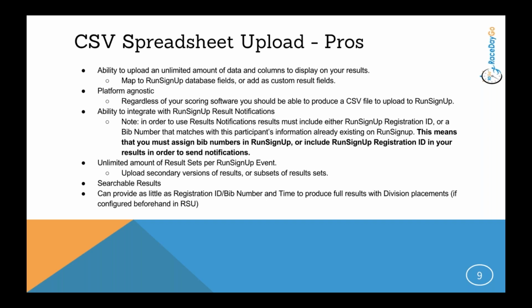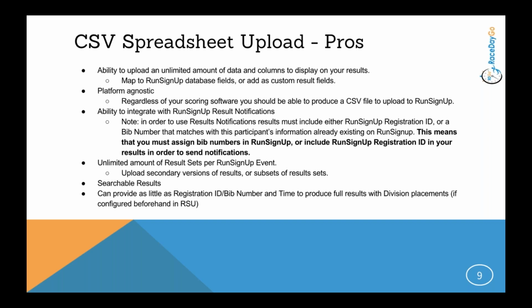So this means that you must either assign bib numbers in RunSignUp and include those bib numbers in the results sheets you're uploading, or include the RunSignUp registration ID in your results that you're uploading in order to send out notifications. That's very important to understand. Basically, we need to have that link because the notification signups are linked to that registration ID, and if we lose that link, those notifications aren't going to go out.